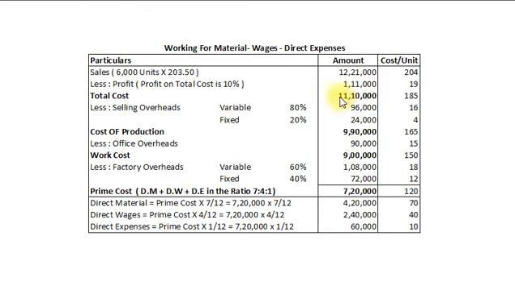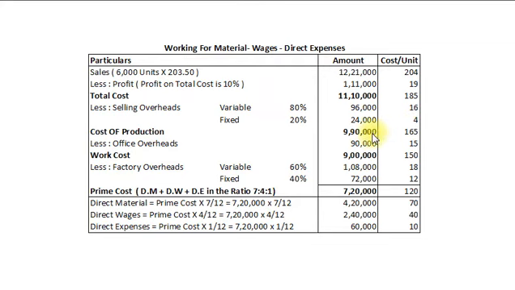Now from total cost we will deduct selling overheads, which are 80% variable and 20% fixed. So 96,000 variable and 24,000 fixed, and per unit 16 rupees variable and 4 rupees fixed.